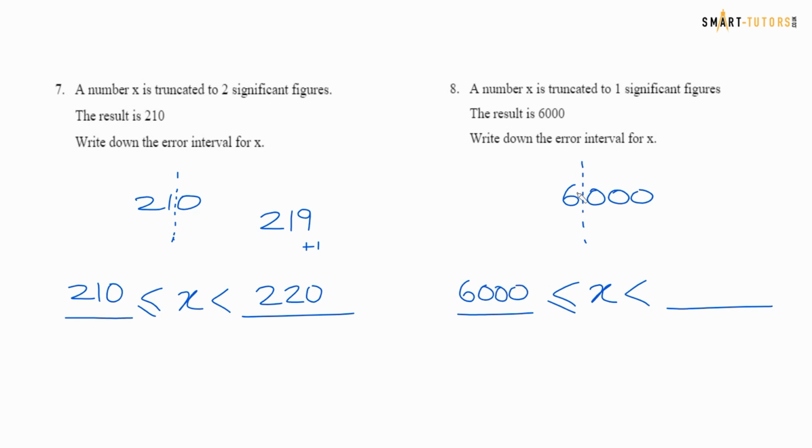And the maximum value, all the zeros can be 9. But there is no equal sign, so you add one more. So 7000 is going to be the maximum value. Any number less than 7000 truncated to one significant figure, the answer is 6000.